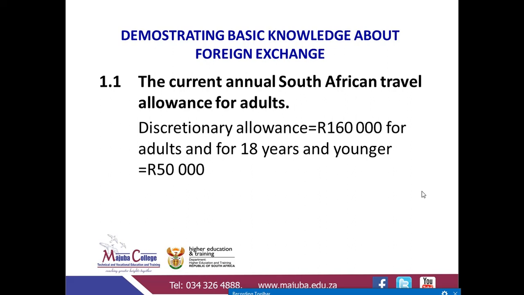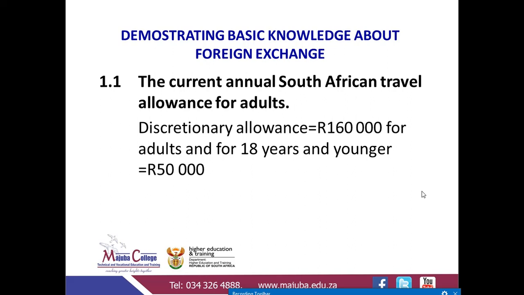But we are aware as smart students that our textbook at this stage is outdated. Therefore, these figures no longer hold. These figures have changed. You'll find that the discretionary allowance for adults is now 1 million or even more.